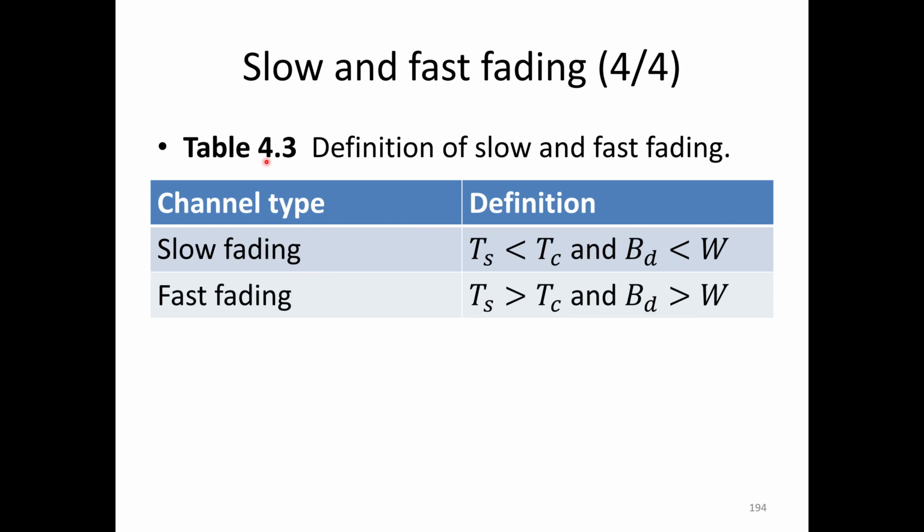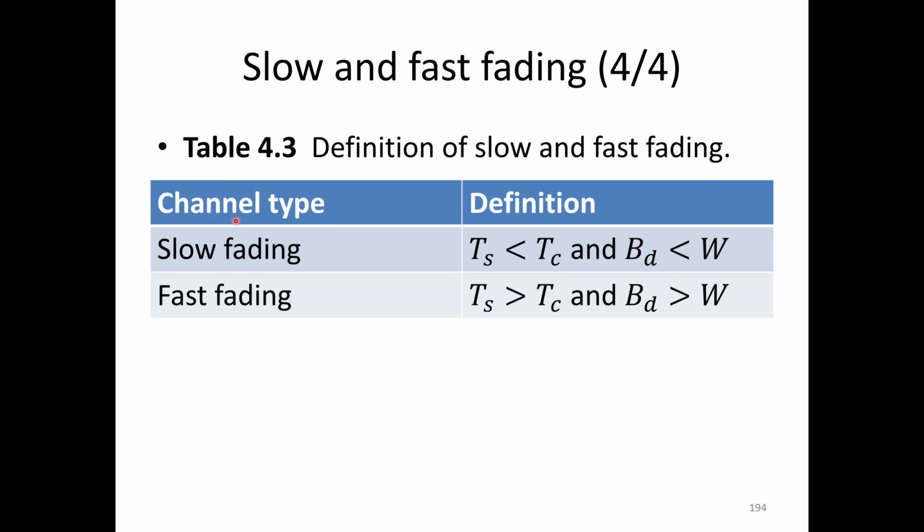Table 4.3 lists the definition of slow and fast fading. When the channel type is slow fading, the definition is Ts is smaller than Tc, that is, symbol rate is smaller than the coherence bandwidth, and Bd is smaller than W, that is, the Doppler frequency or Doppler spread is smaller than the signal bandwidth.